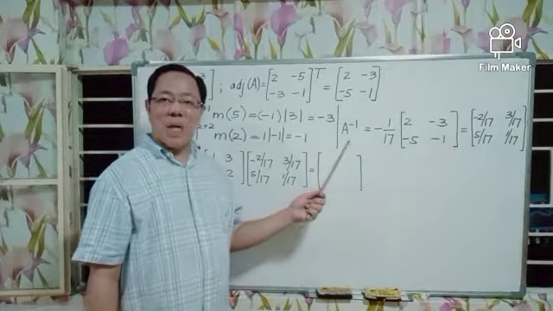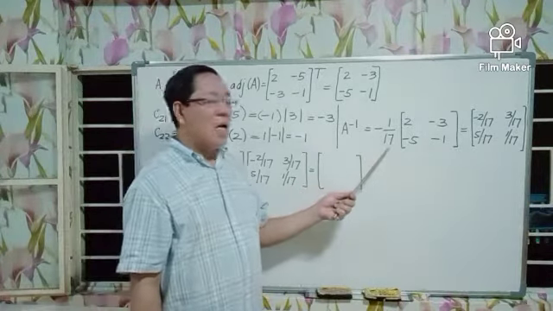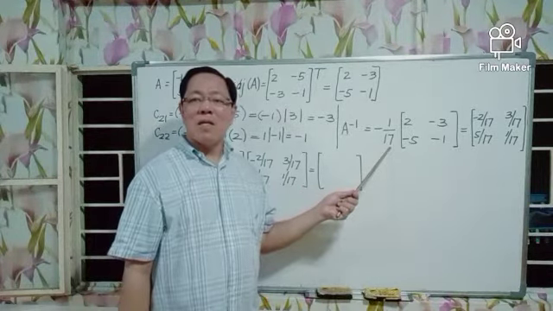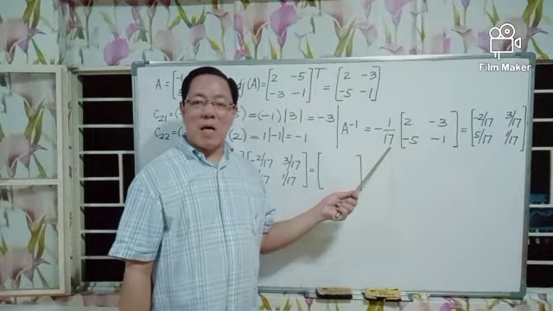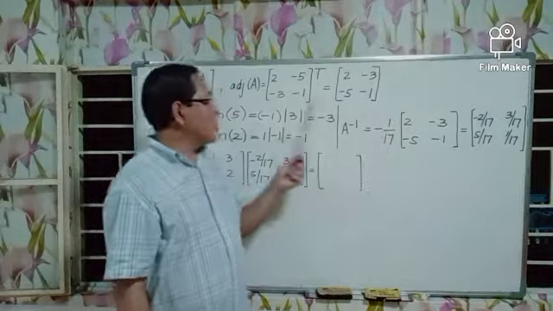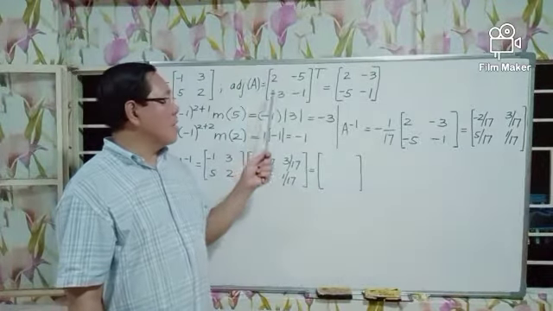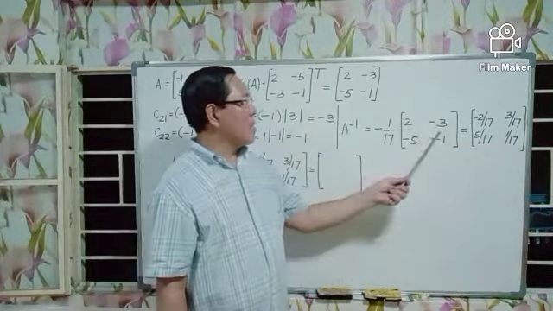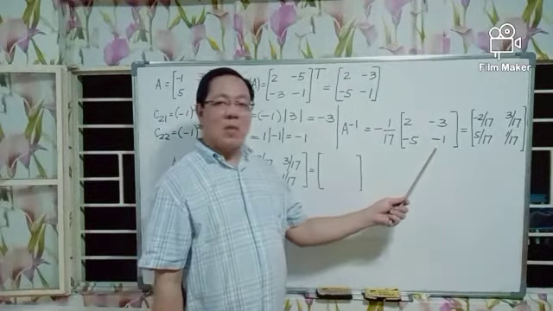Thus, the inverse of matrix A is equal to the reciprocal of the determinant of A, negative 1 over 17, multiplied by the adjoint of matrix A, which is 2, negative 3, negative 5, negative 1.